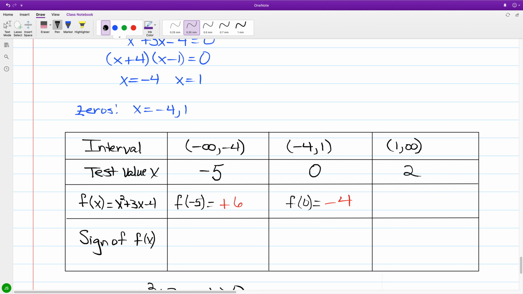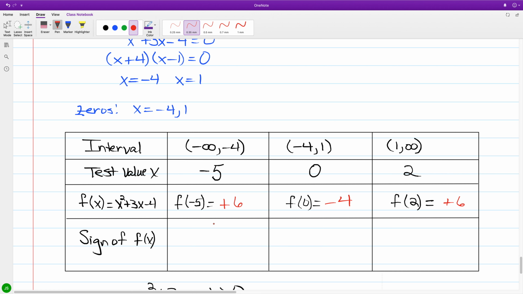As for the last subinterval, if I plug in the input value 2, 2 squared is 4, and 3 times 2 is 6. 4 plus 6 is 10, and minus 4, so f of 2 is equal to positive 6.